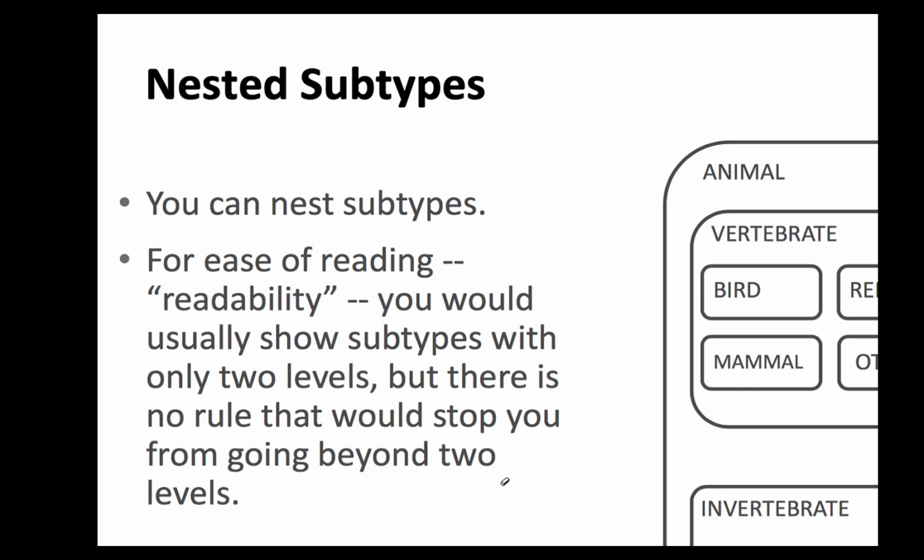But for simplicity, we can ignore this. That's fine. We can represent our system with one supertype and only one level of subtypes below it. So if you have any question, you can ask. We have 5 minutes.